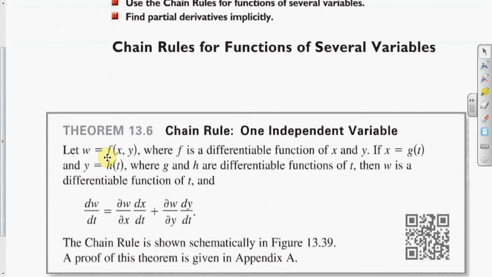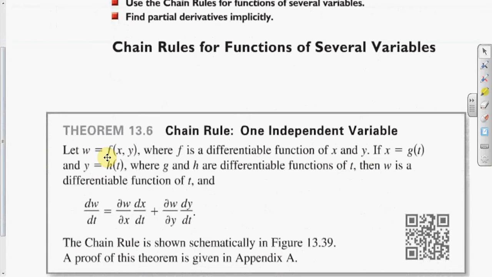Now to get at the derivative of W with respect to T, W includes two functions, X and Y, where F is some differentiable function of X and Y. So X becomes a function of T, that is X depends on T, Y depends on T. W depends on X and Y, so you can kind of go through the chain, and to get the derivative of W with respect to T, you have to go to X. So here the partial of W with respect to X, but then within X, X depends on T, right?